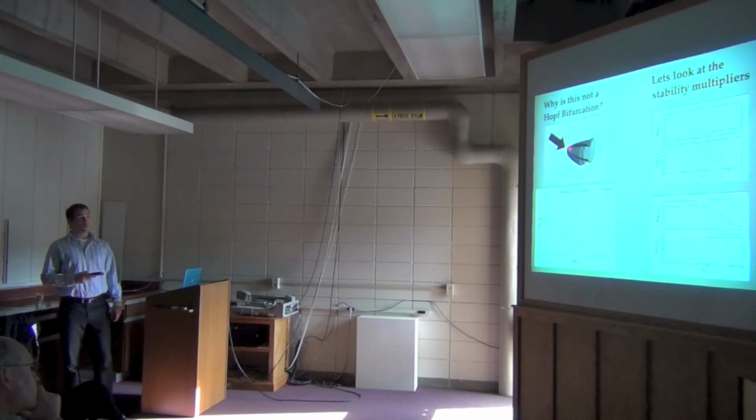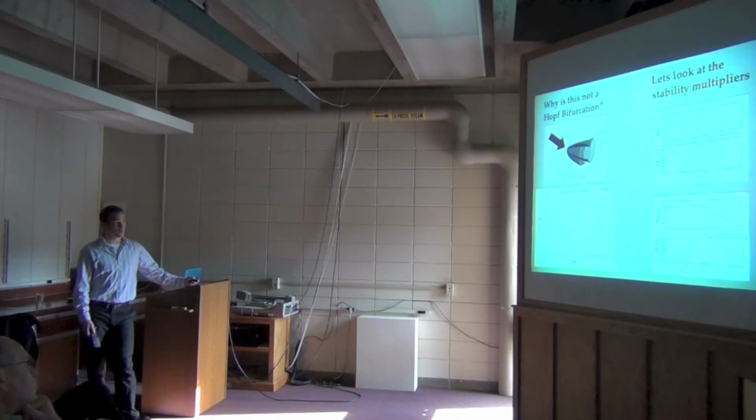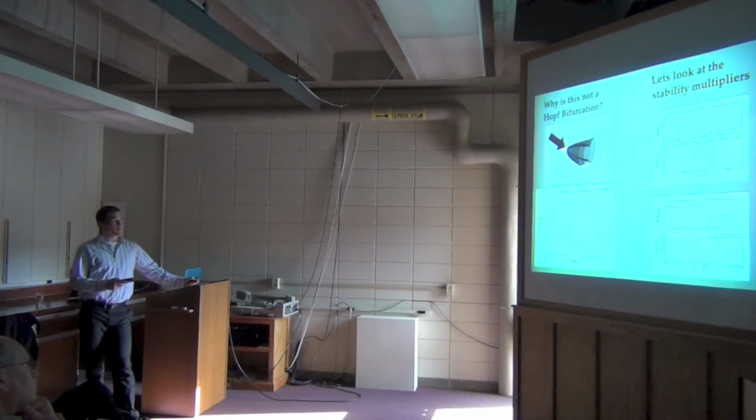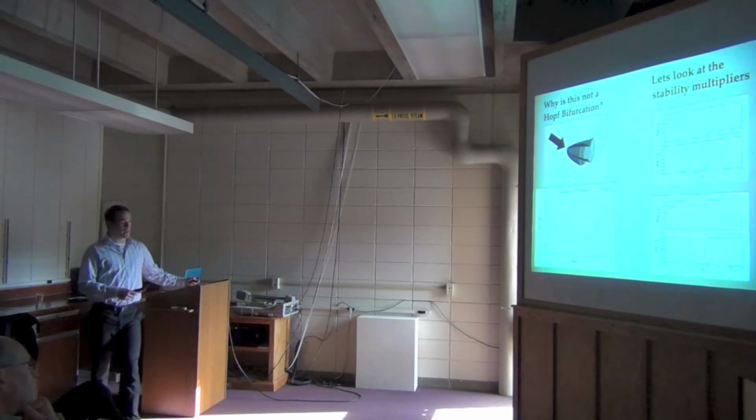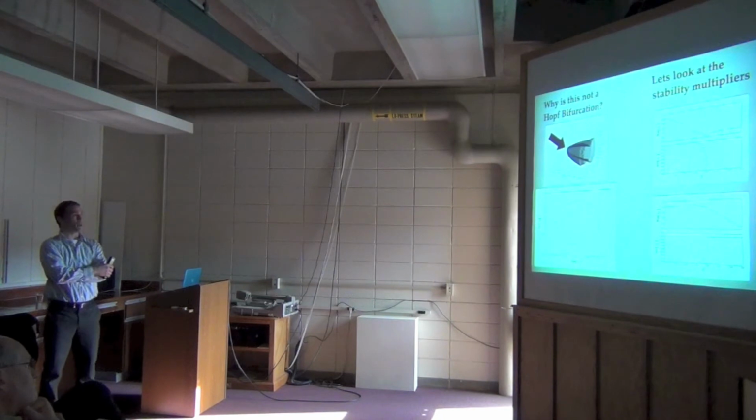And so why is this a period doubling bifurcation? Well, that comes back to the explicit time dependence of the equations of motion. In the equations of motion, what appears to be a fixed point is actually a limit cycle. If you didn't have this explicit time dependence in the equations of motion, then you might have a Hopf bifurcation or something else.